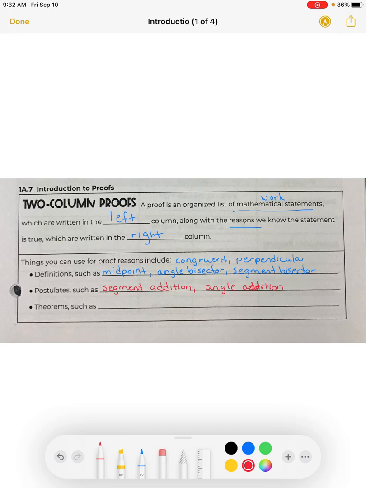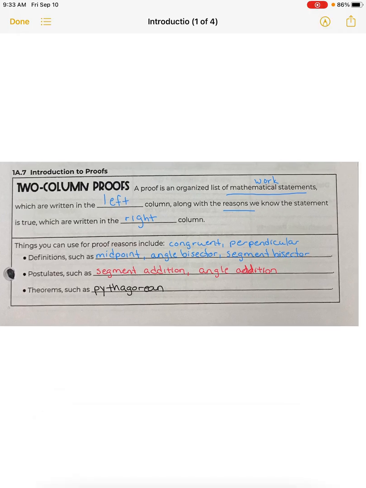Angle addition, segment addition, and then theorems that we've learned. We haven't done much with theorems yet, but an example of a theorem that you learned at some point would be like Pythagorean theorem. But we'll get more into theorems later on.